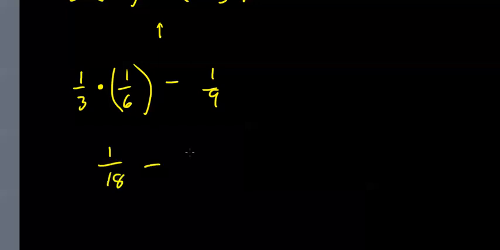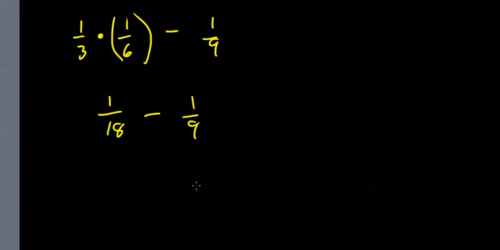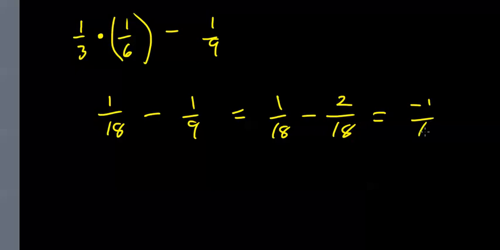And now I've got to subtract these two fractions. Of course, I need a common denominator. 1/18 minus, well, 1/9 is 2/18, multiplying top and bottom by 2. And 1/18 minus 2/18 is negative 1/18. So that big mess that we started with reduces to a little negative fraction, minus 1/18.